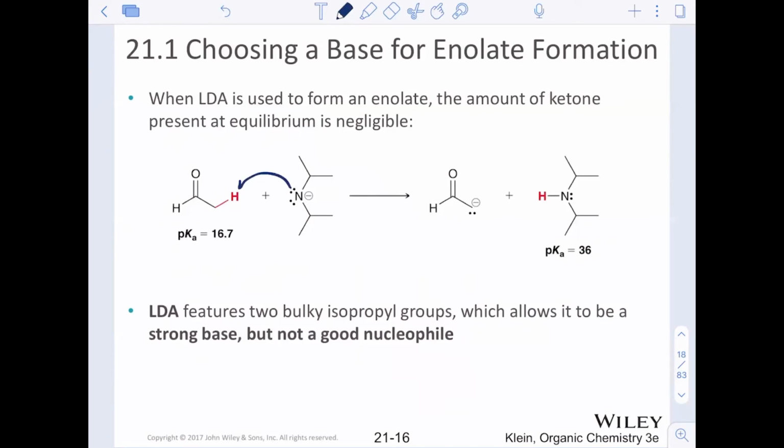We will see that that nitrogen can deprotonate the alpha carbon, pKa 36 for the conjugate acid, which is 20 times higher than the pKa of the original acid, which means, again, log base 10 scale, 10 to the 20 times more product. That's a lot of product compared to reactant, right? Log base 10 scale, that pKa, don't forget about that. So LDA features two bulky isopropyl groups, which allows it to be a strong base, but not a good nucleophile. Too much steric hindrance.